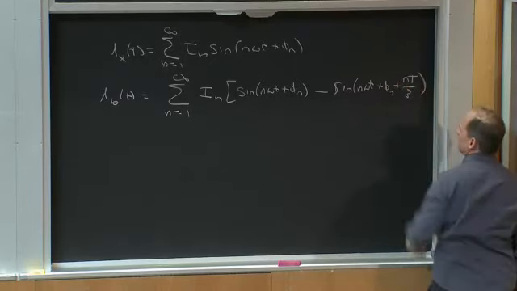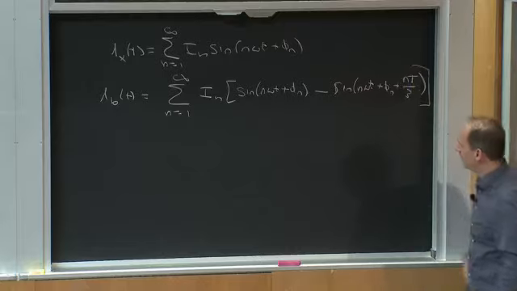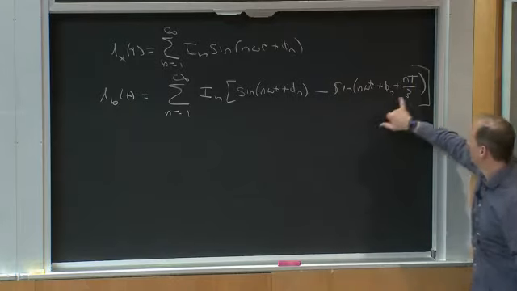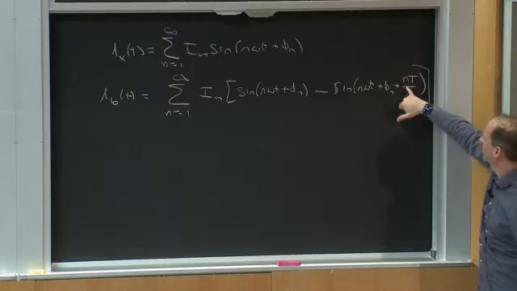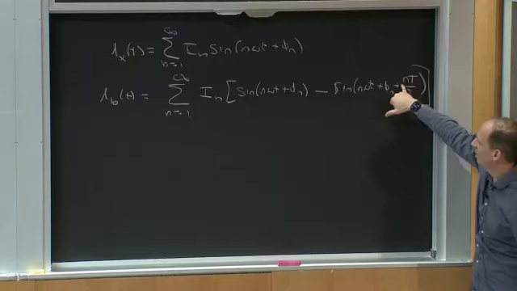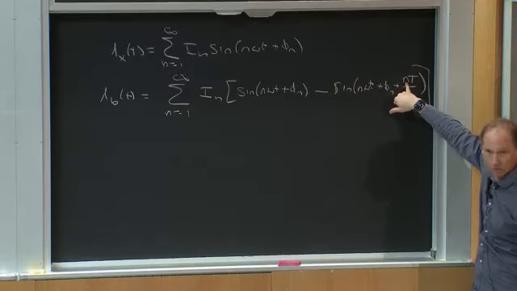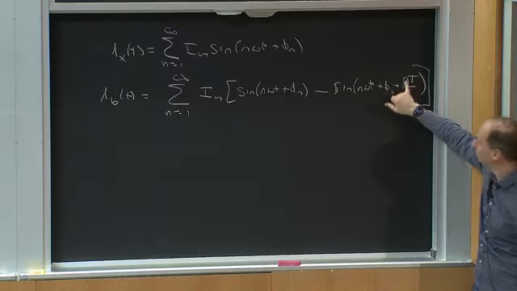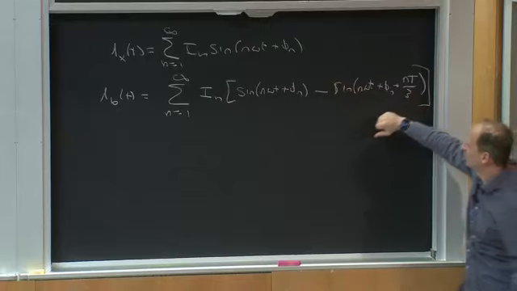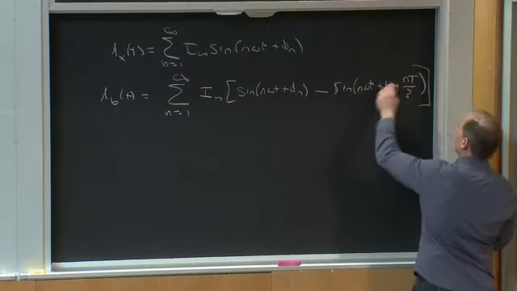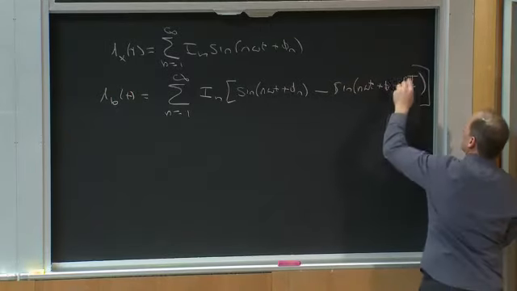Okay? So it's the difference between a signal and a signal where I'm shifting by T over 3 in time, but for the nth harmonic, that is a phase of n omega T over 3, okay? And what that means is, I'm sorry, this should be an n omega T over 3.